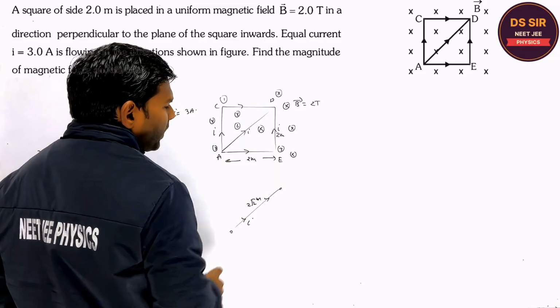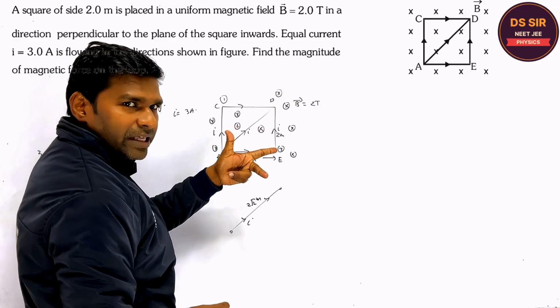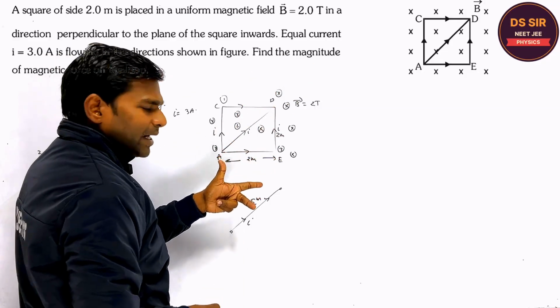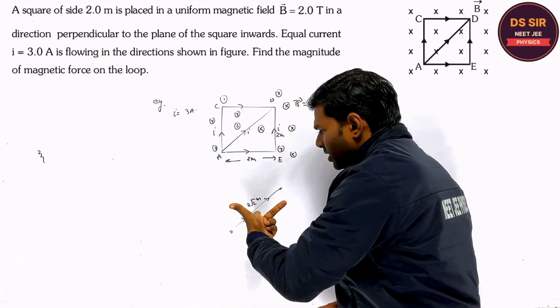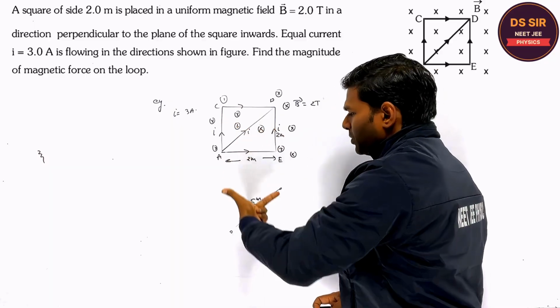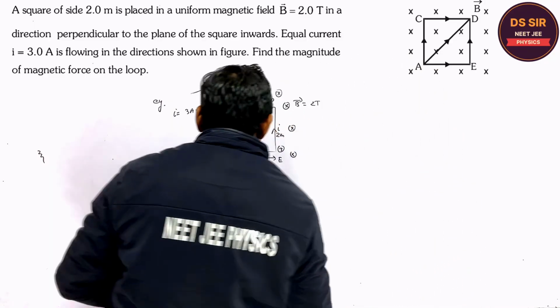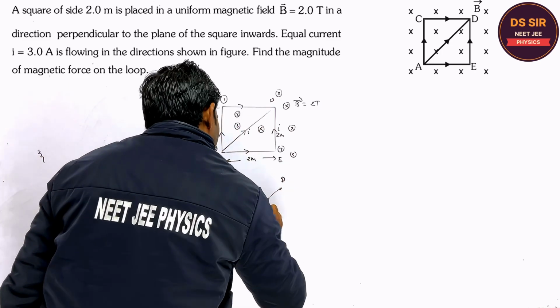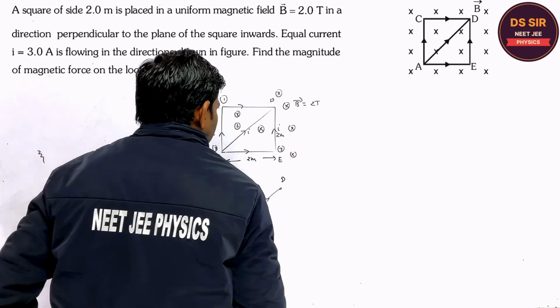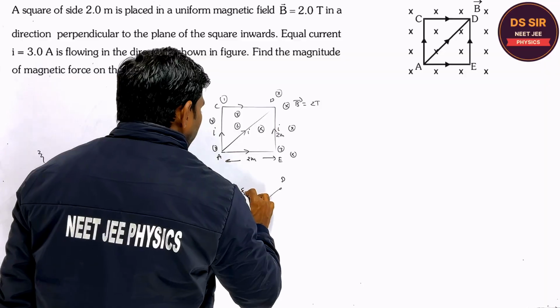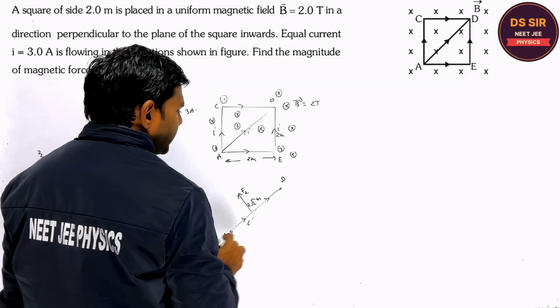So how to find the force? ILB sin 90. The magnetic field is into the board. This is the direction of the current. So the force on this AD portion will be acting in this direction, or not, you tell? So this is the magnetic force F2, I can assume.